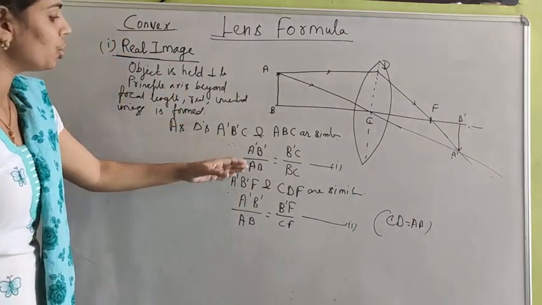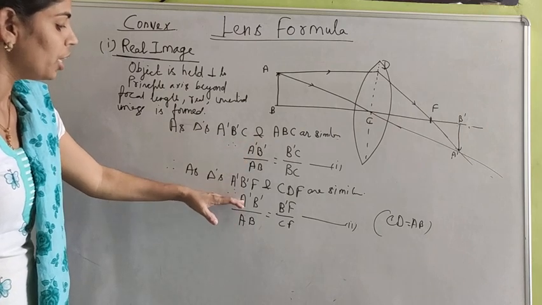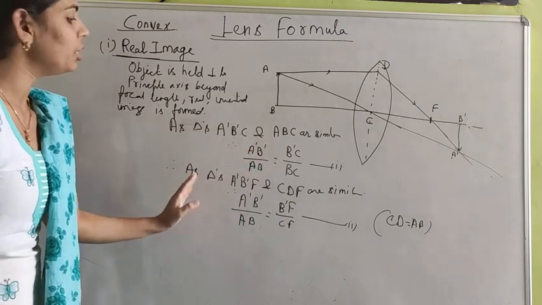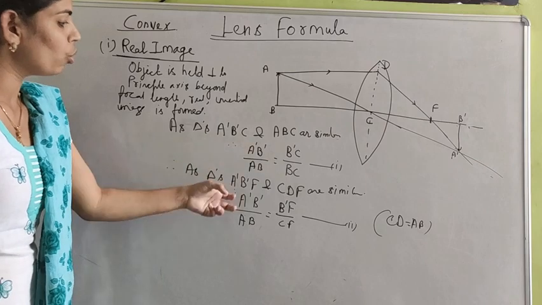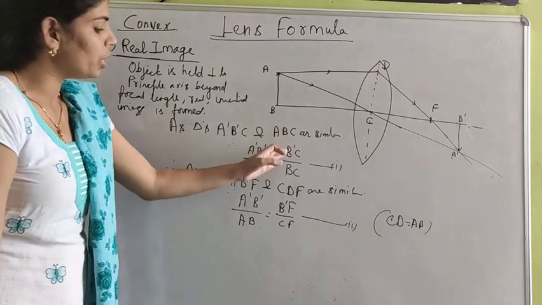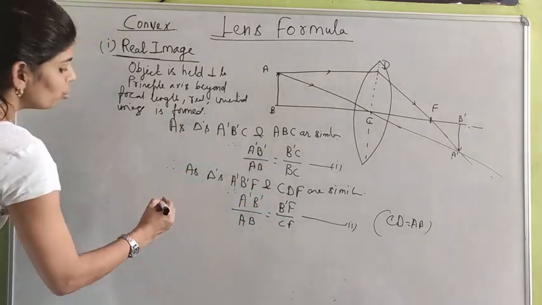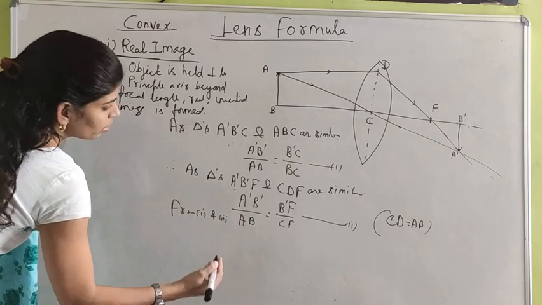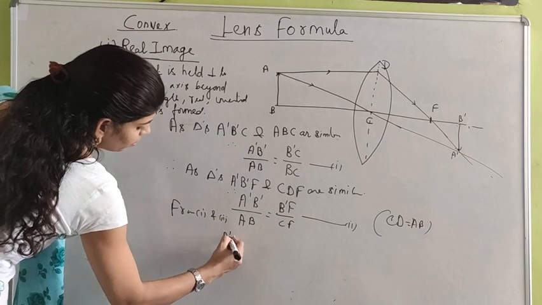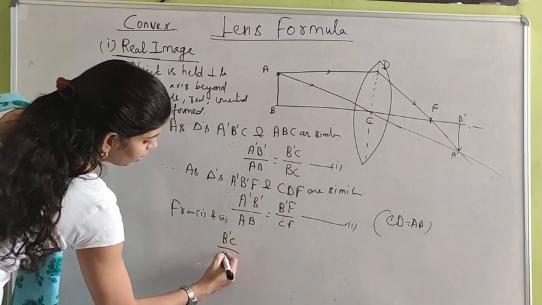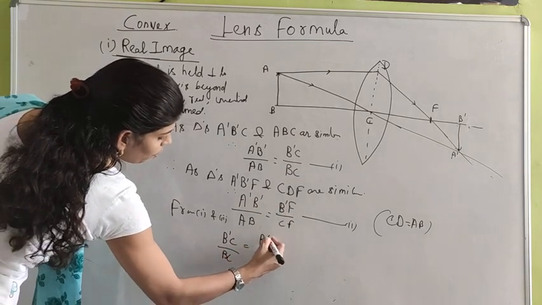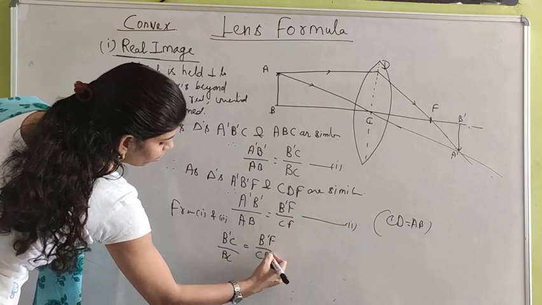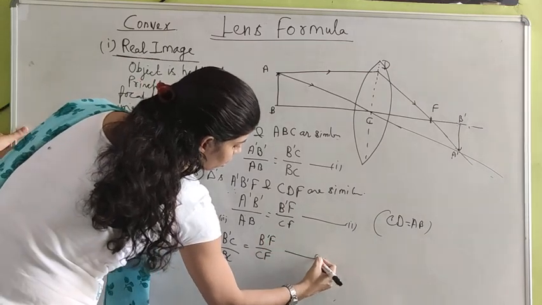From these two equations, A dash B dash over AB is the same, which means the left hand side of both the equations is equal. So we will equate the right hand side. From first and second, B dash C over BC is equal to B dash F over CF. And this is the third equation.